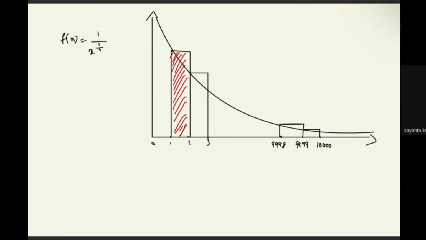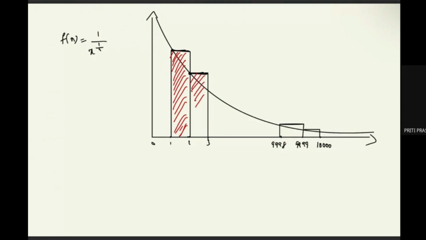This is f of 1, the area of that rectangle. Any doubt? The height which I'm taking is f of 1 level. This is f of 2, just straight to 2. Are you able to see that?